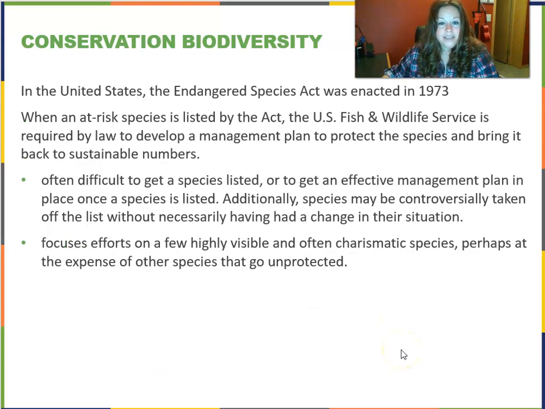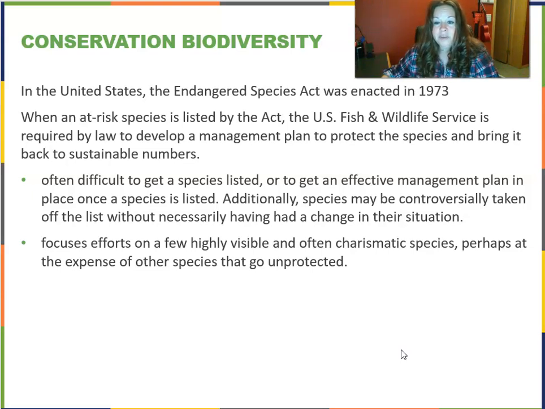In the United States, the Endangered Species Act was enacted in 1973. When an at-risk species is listed by this act, the U.S. Fish and Wildlife Service is required by law to develop a management plan to protect the species and bring it back to sustainable numbers. It's often difficult, unfortunately, to get a species listed or to create an effective management plan for that species once it is listed.